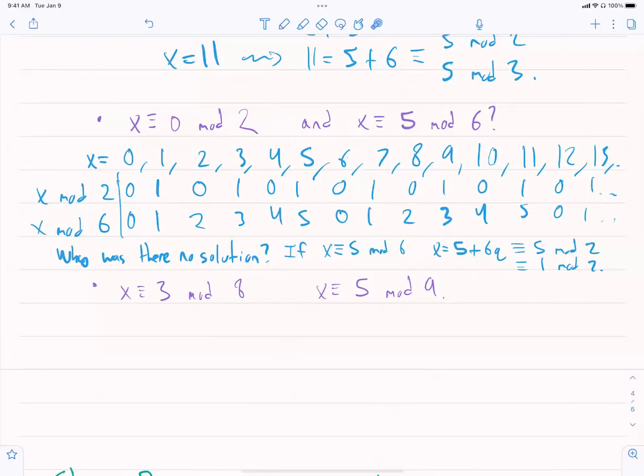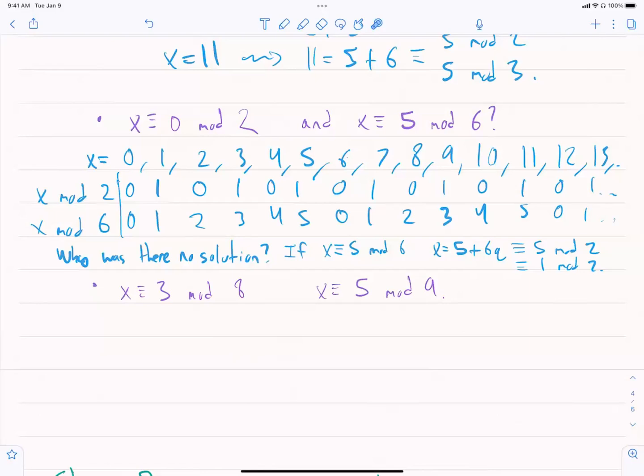Well, I could just list out all the numbers. So I can look at 8 times 9, 72. So I know if I change something by 72, I'm not going to change it mod 8 or mod 9. So I could list all the numbers between 0 and 72 and compute a mod 8 and a mod 9 and see which one gives me a solution, if one does at all. And that would be one way to solve it.